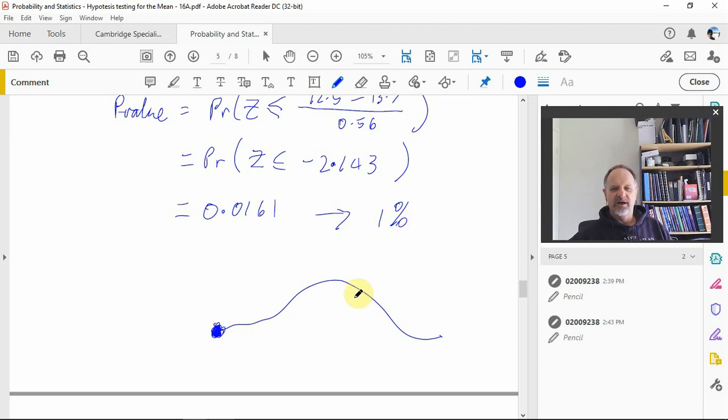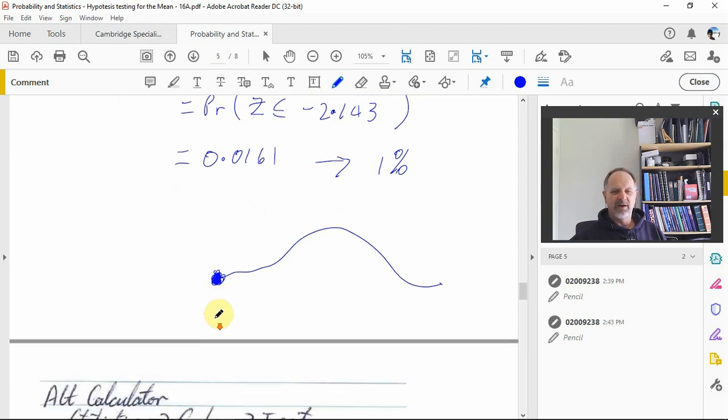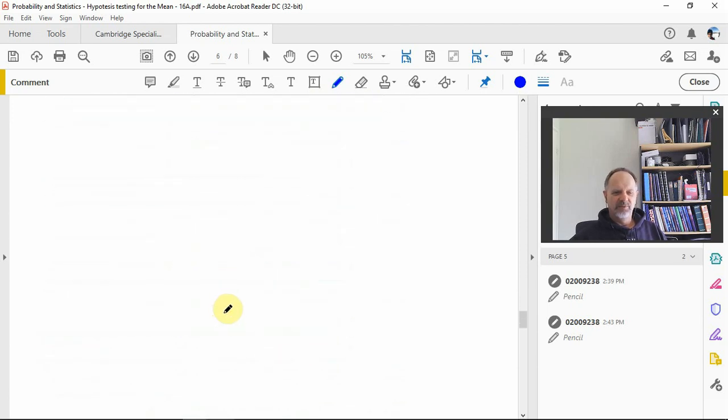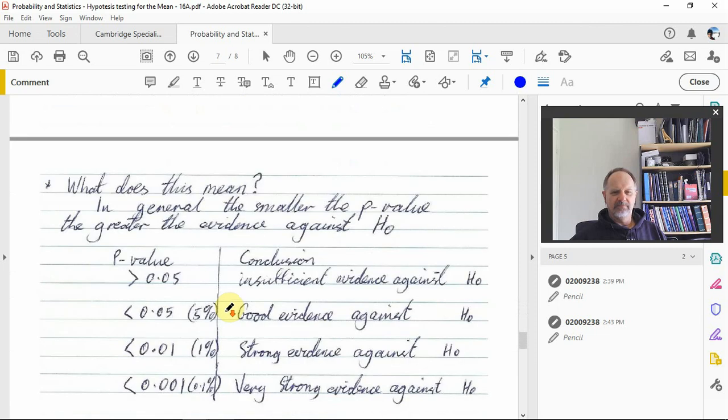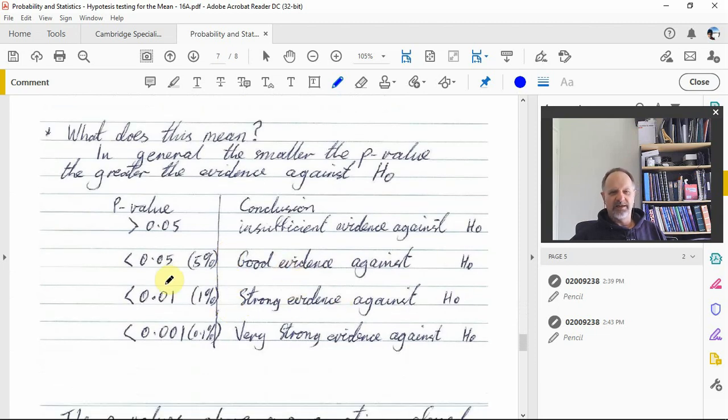If this is our H0 line here, and we've got something way down the bottom from our sample, then that's why it's saying good evidence, strong evidence against H0.